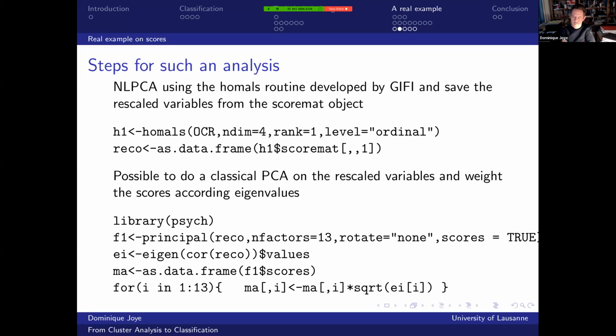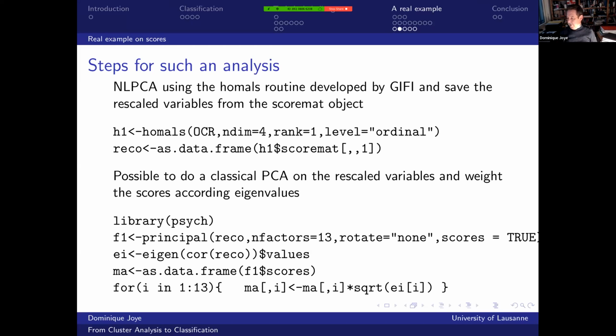Of course, we do that every day. And there are a lot of publications which do principal component analysis on the basis of ordinal variables. So why not? But you can say, okay, but we also have some other techniques that we can use.